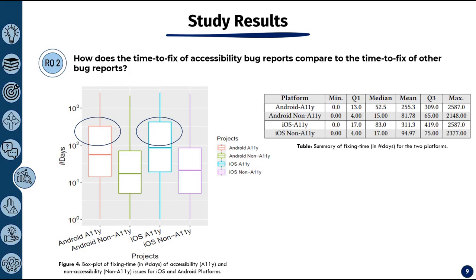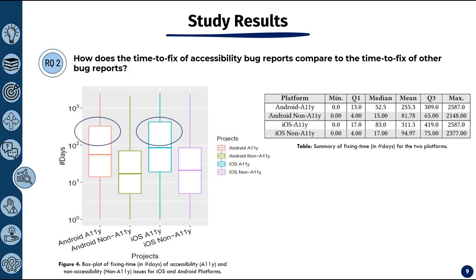Understanding the developers' culture and rationale toward accessibility is important to come up with some explanation of why accessibility bug reports may take longer to be fixed or even not be fixed. And for the fixing time, as you see on the left, accessibility bug reports take longer than non-accessibility bug reports.